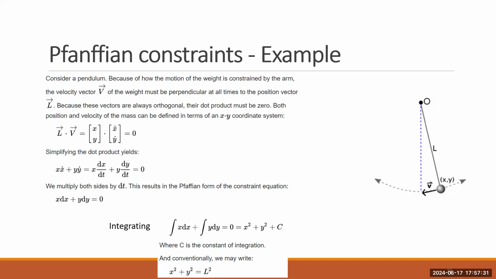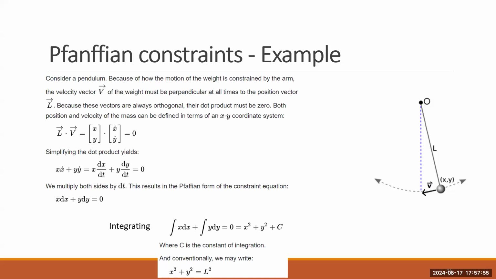Pfaffian constraint is convenient because we can then find a way how to calculate the dynamics even if we have Pfaffian constraint. If we have a non-holonomic constraint, solving the dynamics is harder. And solving for the constraint forces are harder.